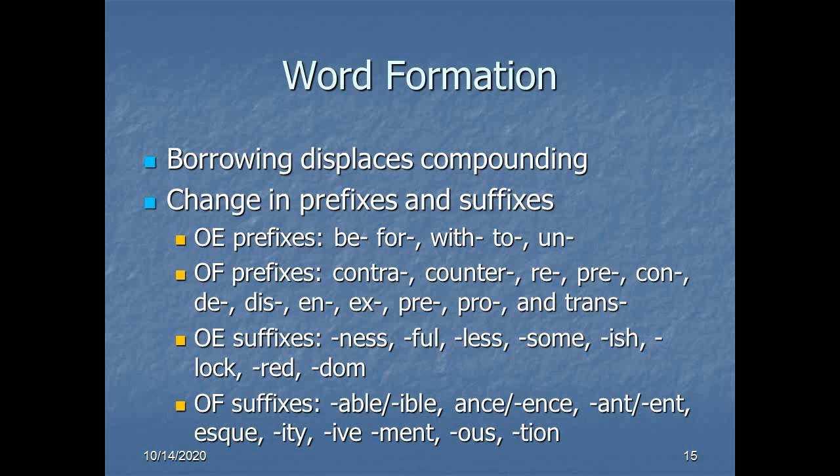And a similar situation exists with suffixes. So we have the native English suffixes ness, full, less, some, ish, lock, red, dome, most of which we still use, some of which we don't. But these are augmented with the French suffixes able or ible, ance or ence, ant or ent, esque, itty, iv, ment, us, and shun.